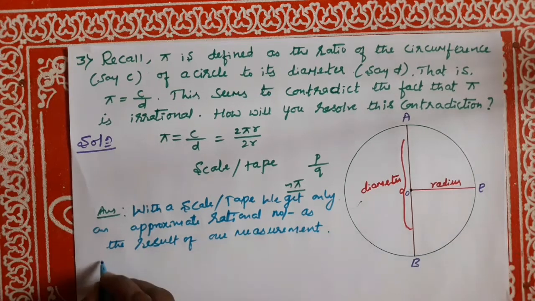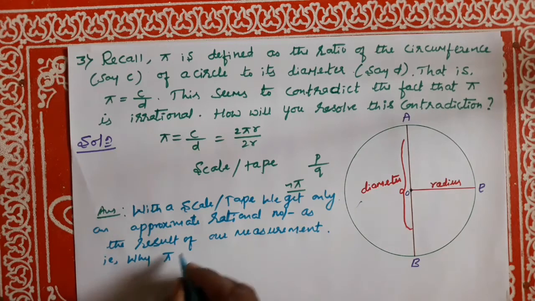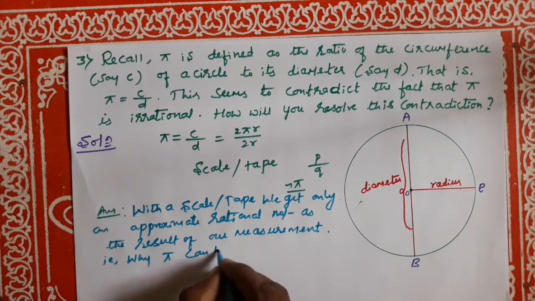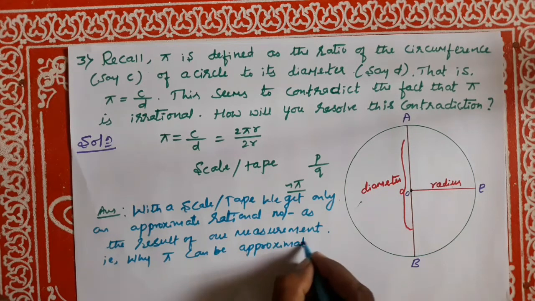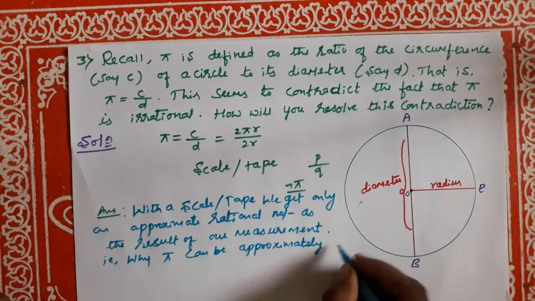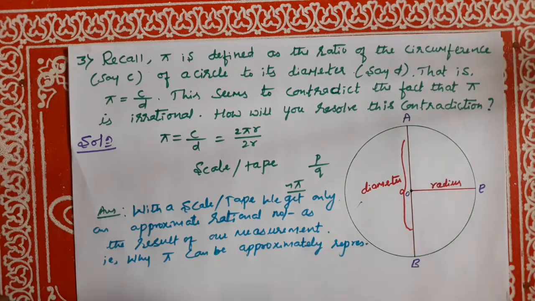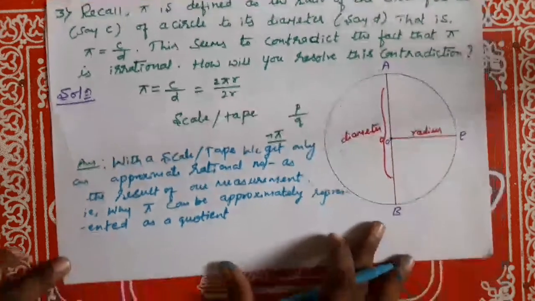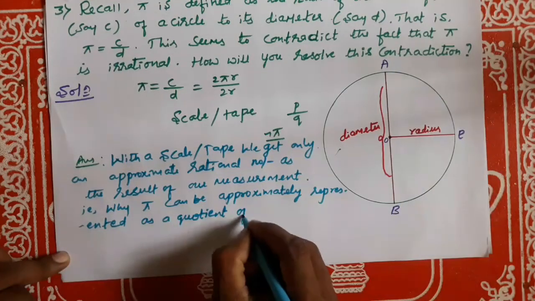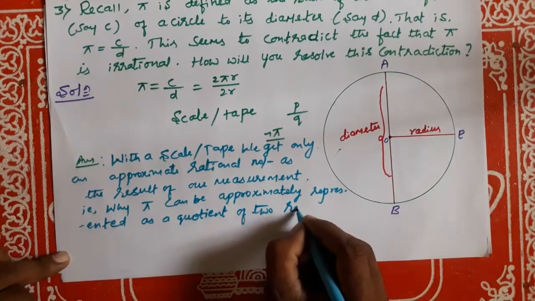That is why pi can be approximately represented as a quotient of two rational numbers.